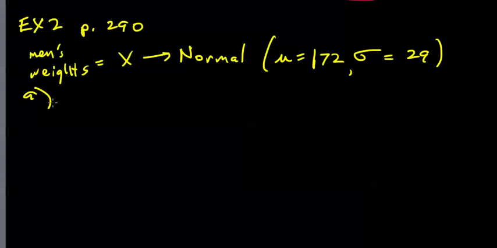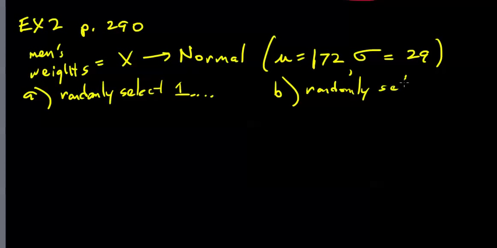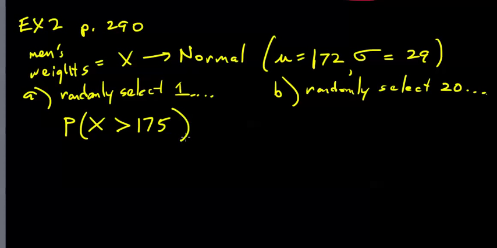Part A and part B as before. Again, in part A, we'll randomly select one. And in part B, we're randomly selecting 20. In part A, we want the probability that a single randomly selected x value is greater than 175, or a randomly selected man has a weight greater than 175.